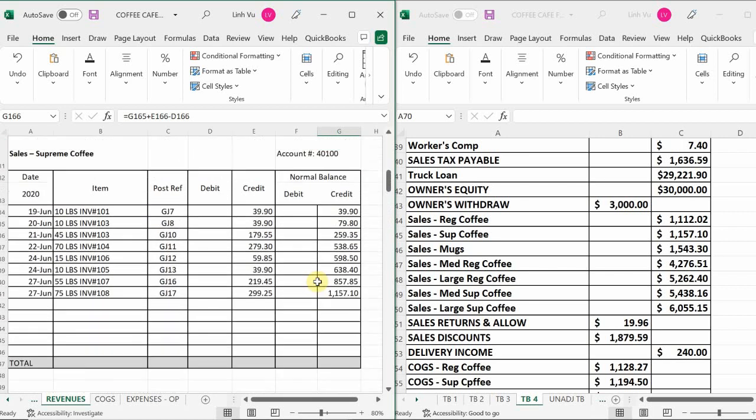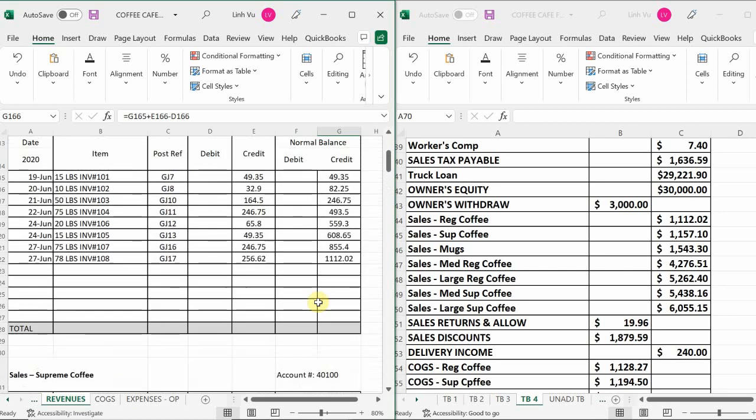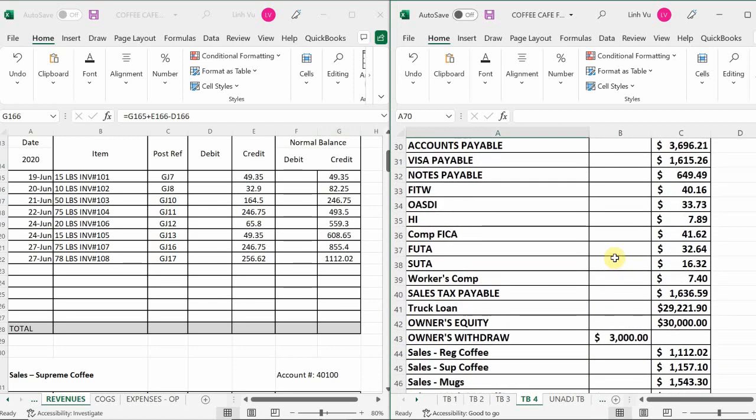Okay, that means we got to go through the whole thing to find where that dollar is. At least we know this, right? The truck loan should still be 20, 29, 22, 90.